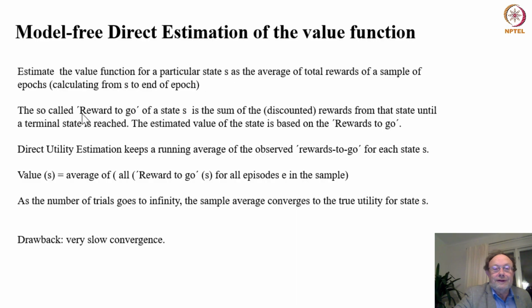In this method they introduced another measure called reward to go, and reward to go is just the sum of possibly the discounted rewards for each step in the episode. This method keeps a running average over all these rewards to go for every episode it looks at, and then it sets the value function to that average.